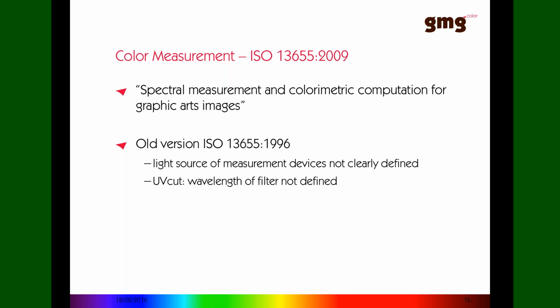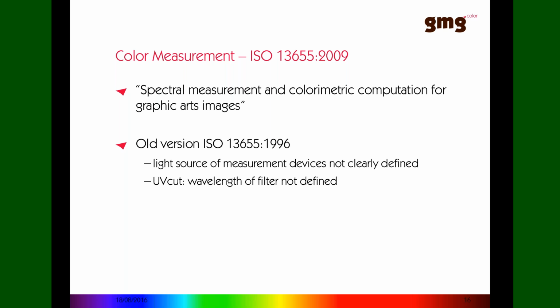And the problem with this old revision of the ISO norm was that the light source that shall be used inside the measurement device was not clearly defined. Which means the UV content in the light source wasn't clearly defined. So up until revision of 2009, we had different UV contents inside our measurement devices.